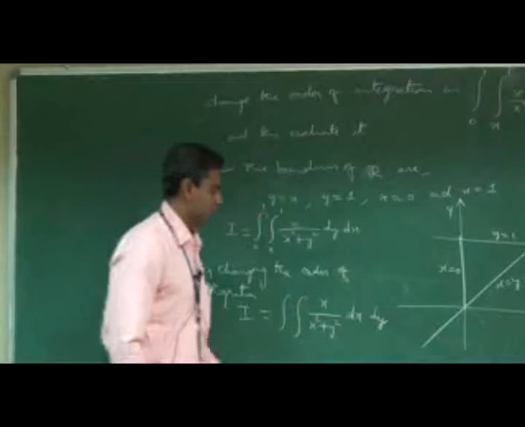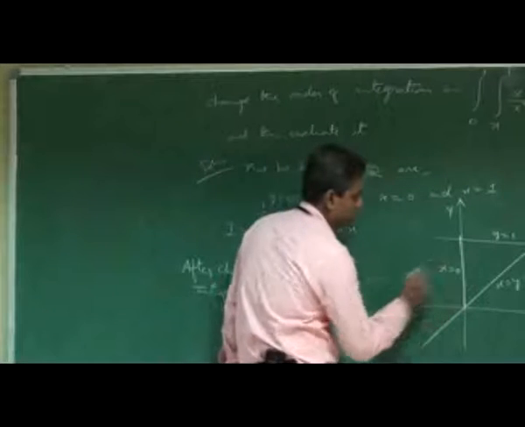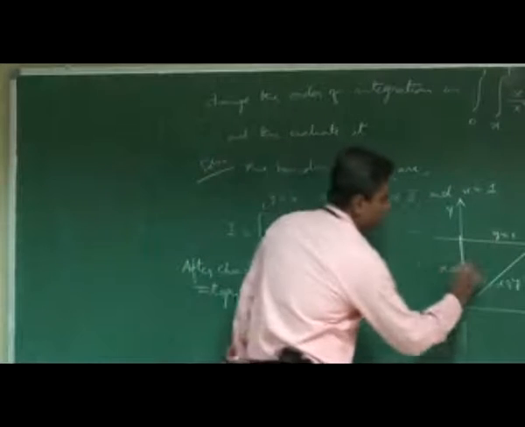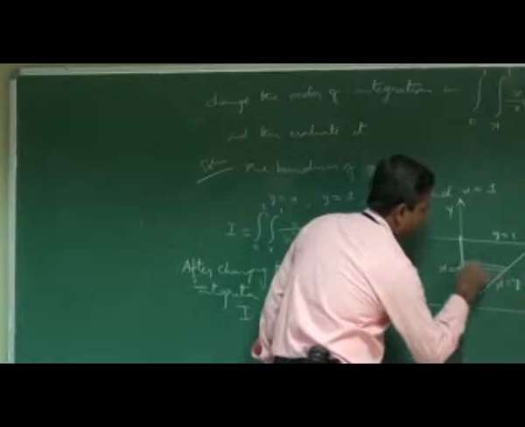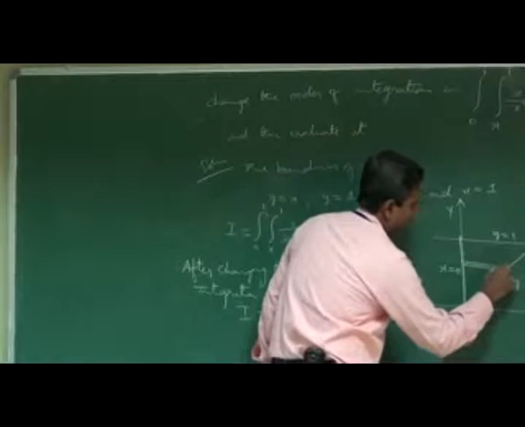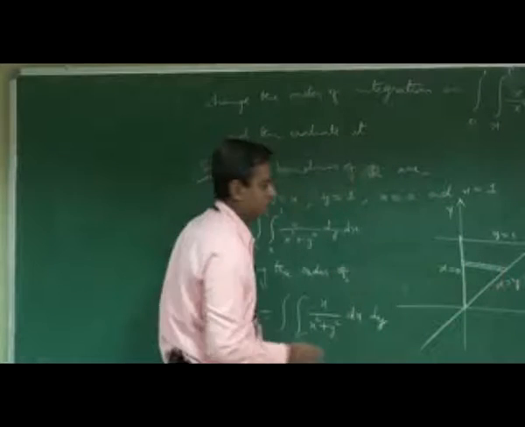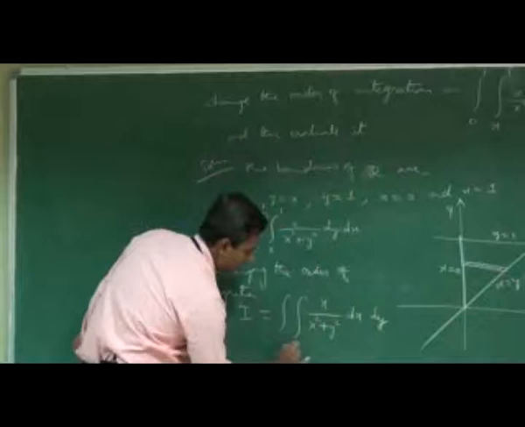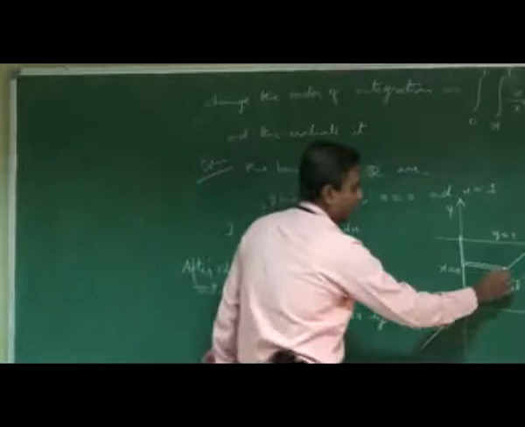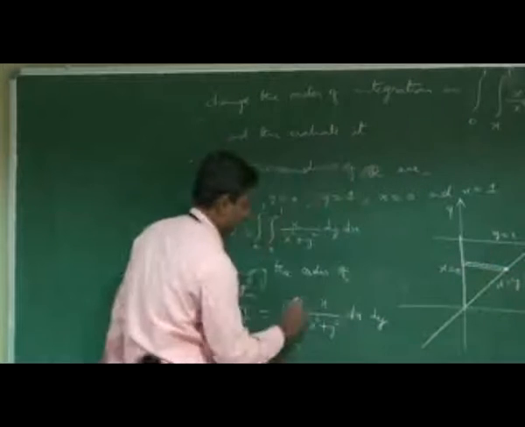So what is the limit for the first integration? Here we take a small strip which is parallel to the x axis. The lower limit of x is x equal to 0, and the upper limit of x is x equal to y.